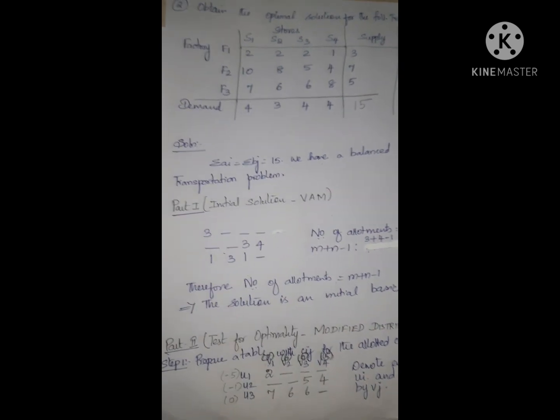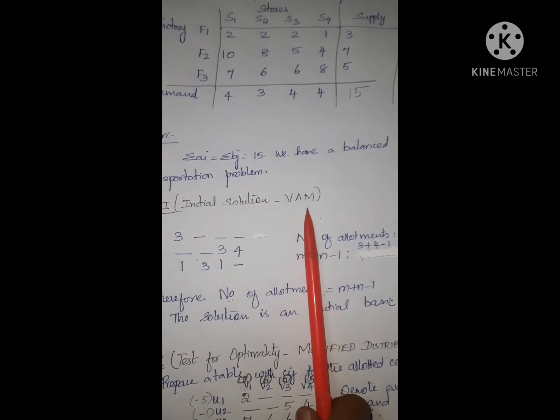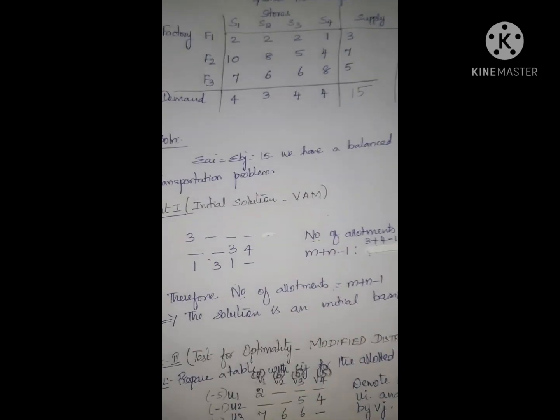For this balanced transportation problem, first we are going to find the initial solution. To find the initial solution there are three methods, namely north-west corner rule, least cost method, and Vogel's approximation method.